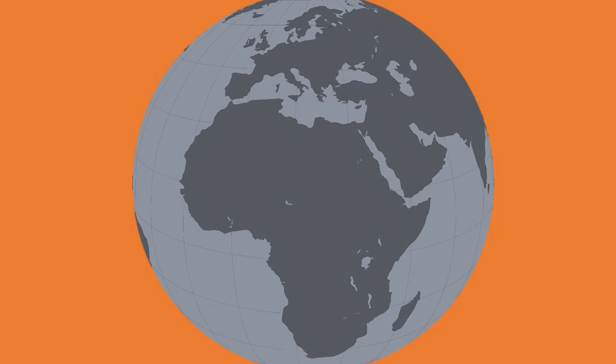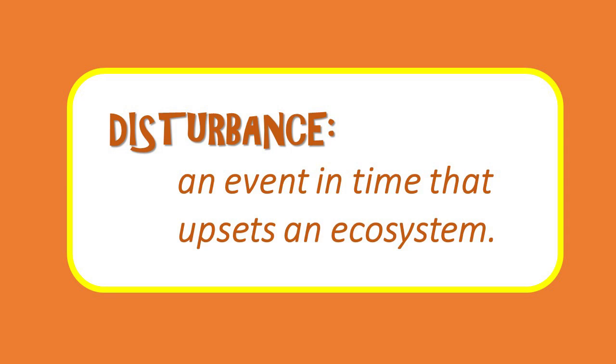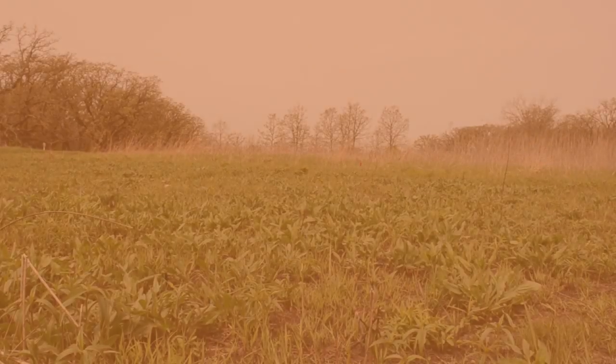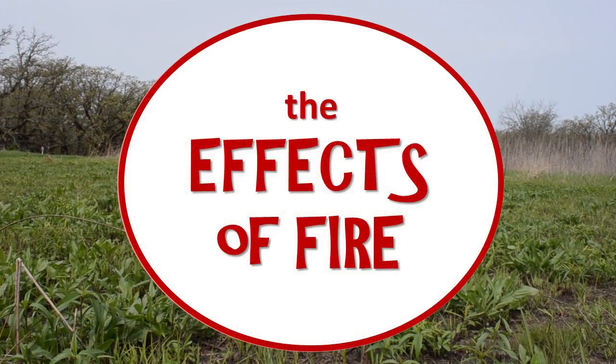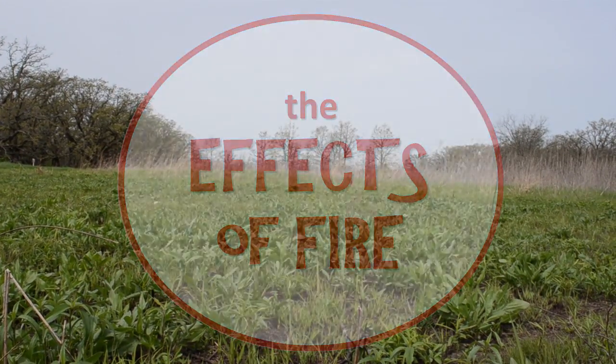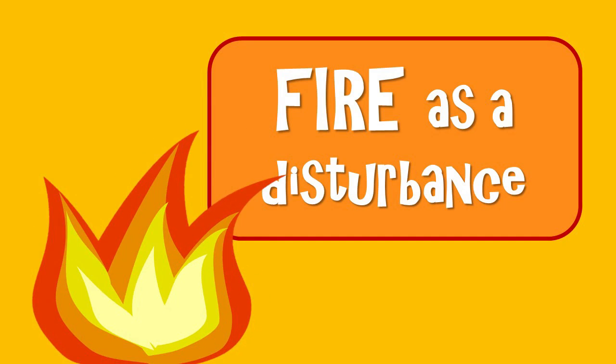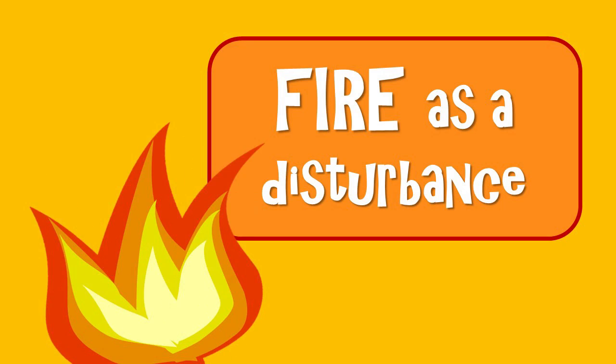We define a disturbance as an event in time that upsets an ecosystem, causing changes in the resources, substrate availability, and/or the physical environment of a local community. In our discussion, we will focus specifically on the role fire plays as a disturbance within ecosystems and their communities.